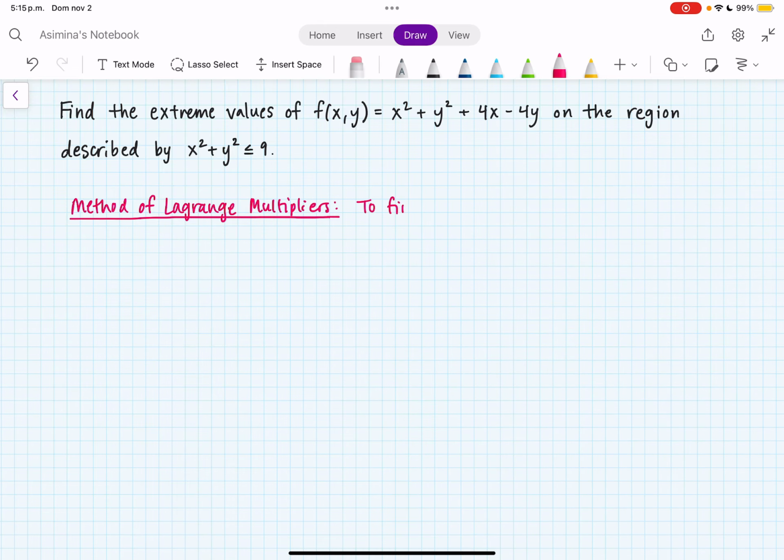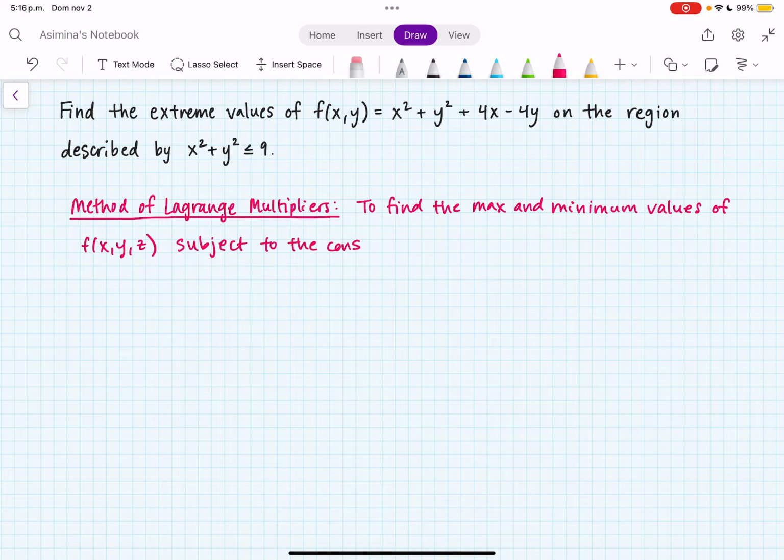It says to find the maximum and minimum values of a function, let's say f of x, y, z, subject to the constraint g of x, y, z equals k.